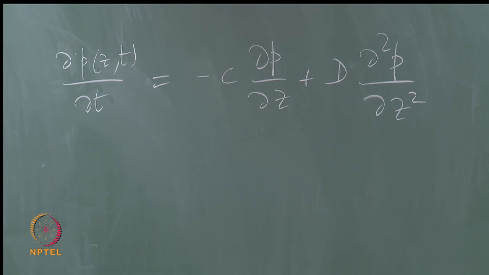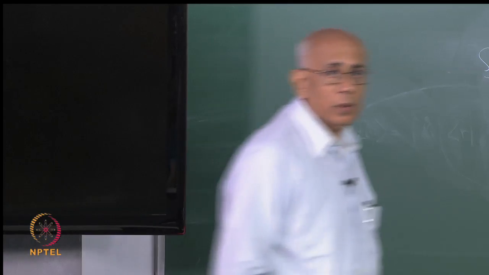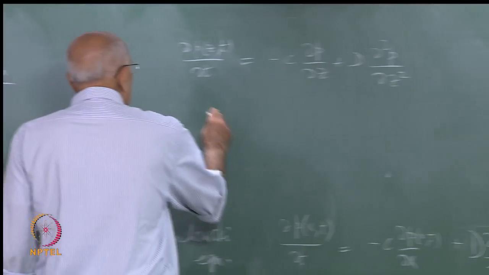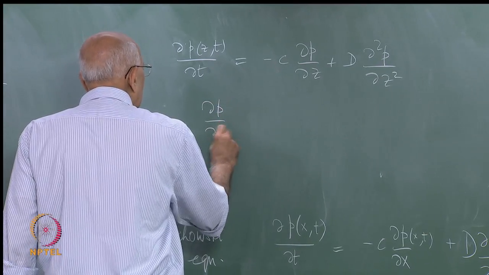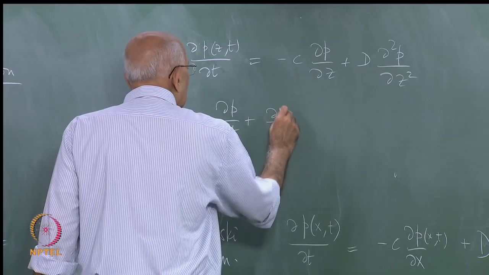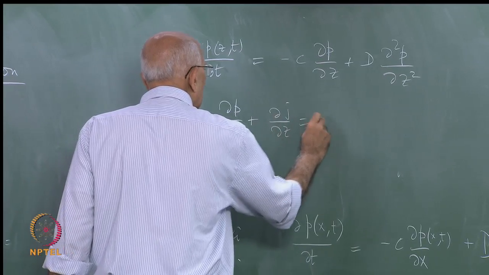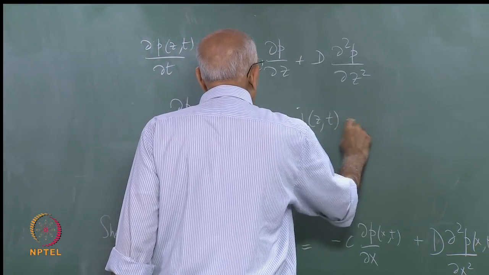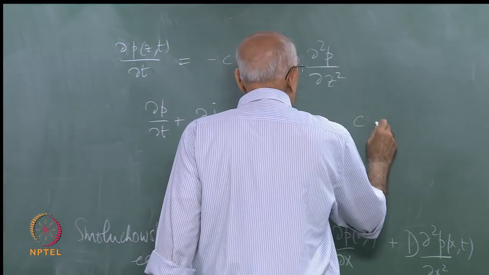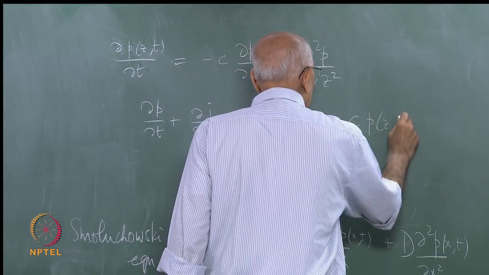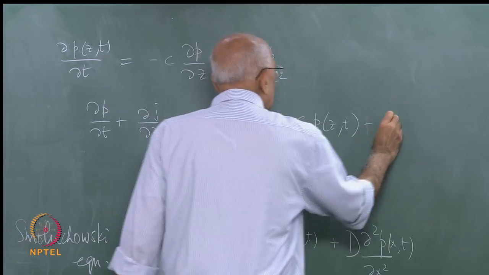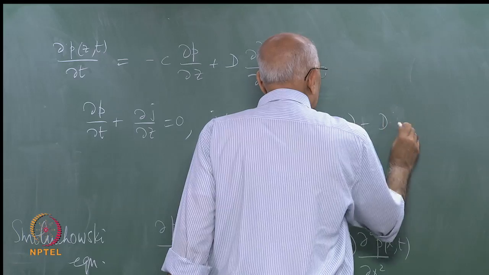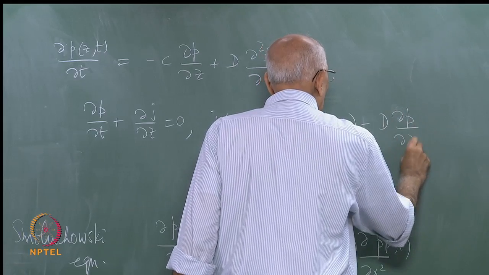By the way, you can write this as a continuity equation once again, because you can still write this as delta p over delta t plus delta j over delta z equal to 0, where j of z comma t is equal to c times p of z comma t minus d times delta p over delta z.